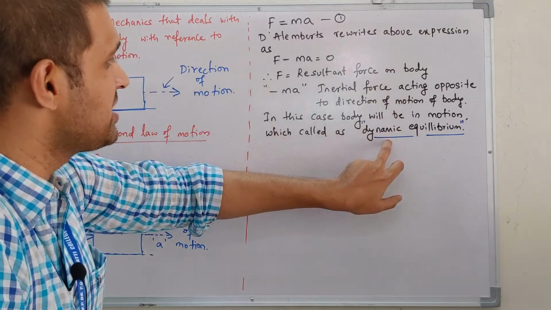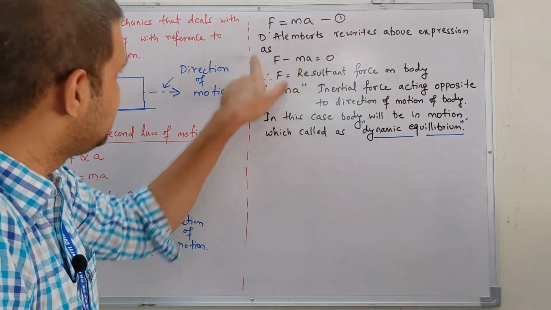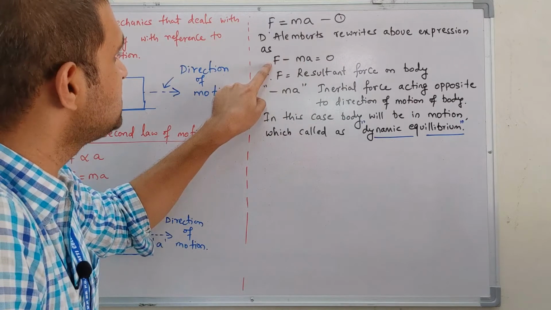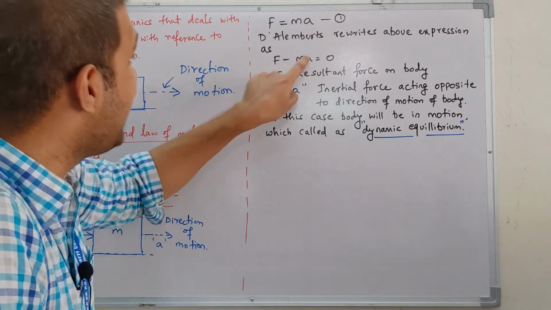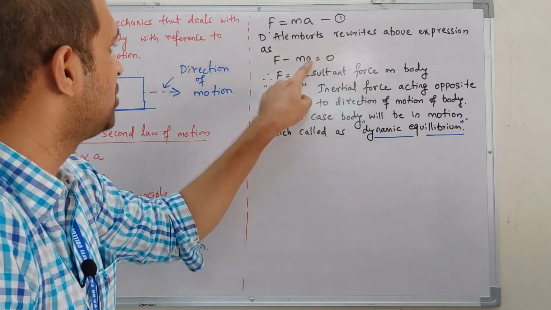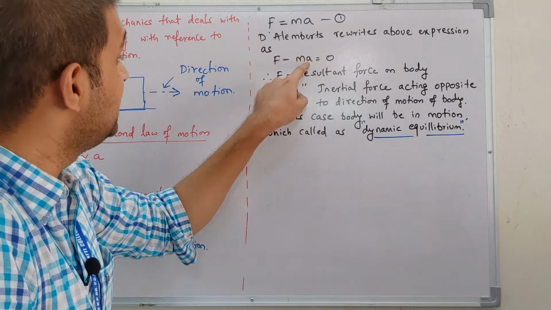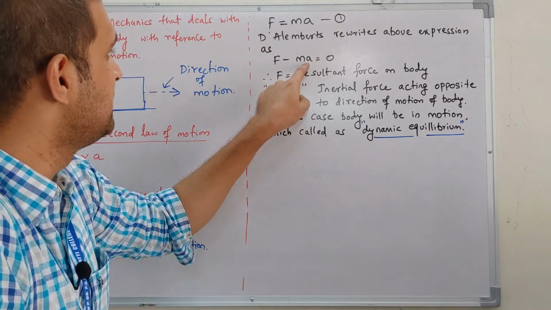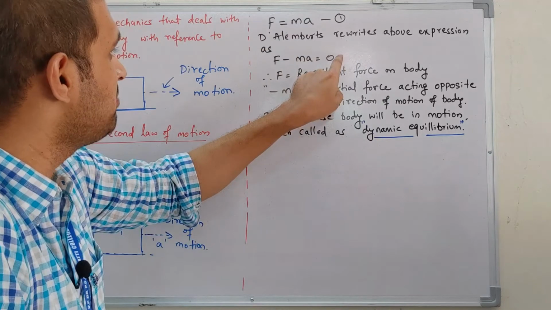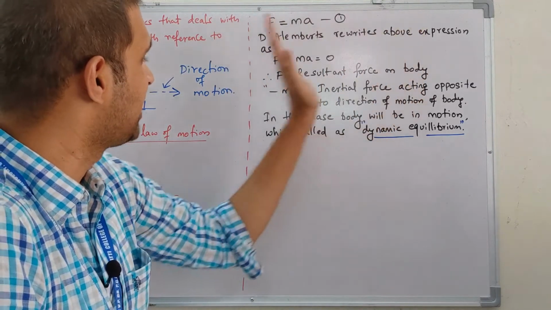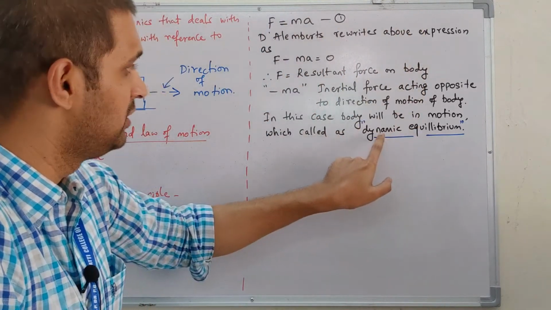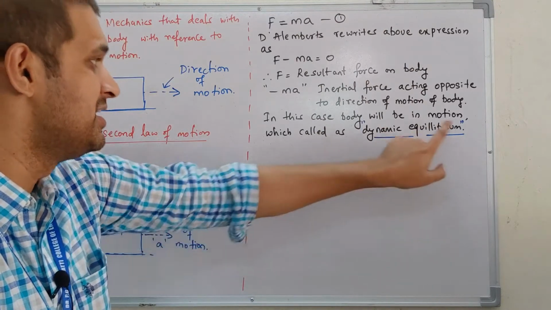We call it dynamic equilibrium, which means that under such forces, the resultant force and the inertial force acting in the opposite direction of motion of the body will not cause static equilibrium; the body will be under motion and continue to move, which we call a condition of dynamic equilibrium.